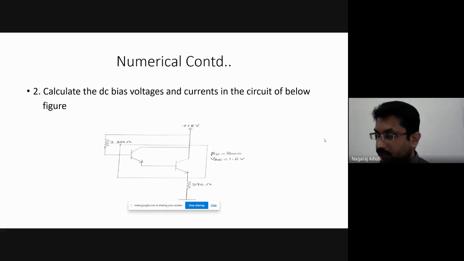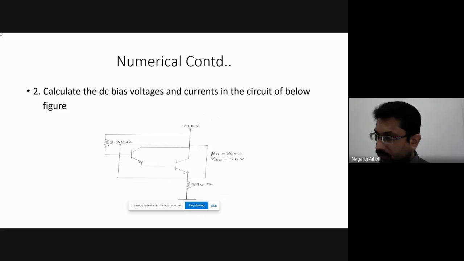Kirti, what is the answer? Have you noted down the formula?